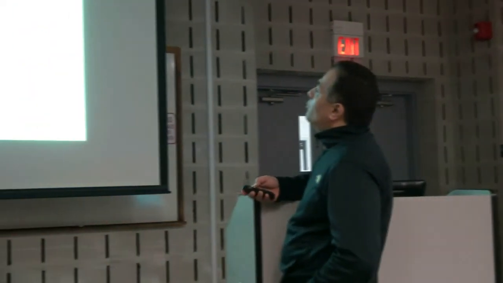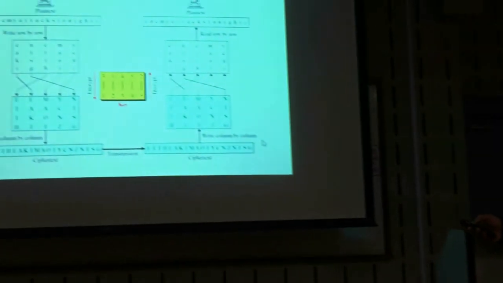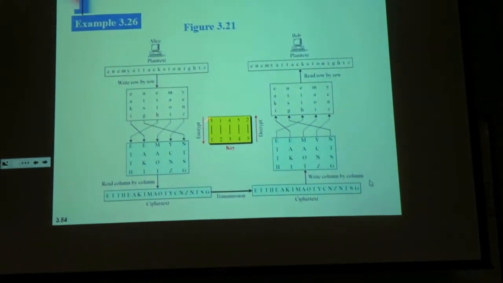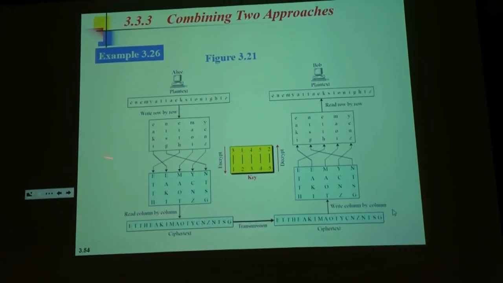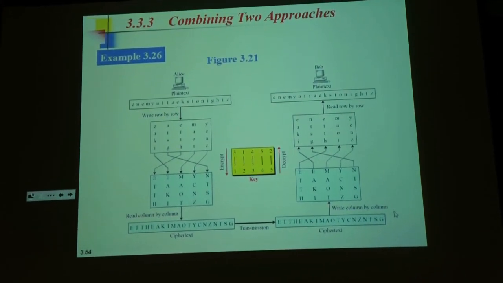For example, combining the two approaches, you have the plaintext and you divide it into a matrix. Then you switch not the characters but the matrix columns. This column will move to here, this column will move to here, and so on, and you send the columns.